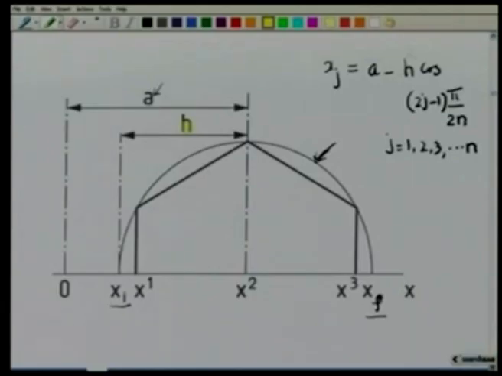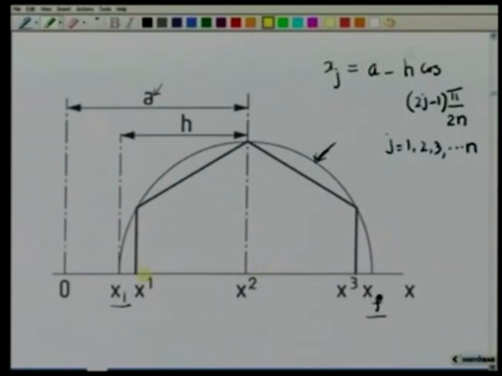So, to obtain say 3 accuracy points in this interval, which are given as the Chebyshev's accuracy points, so that the motion characteristics will be exactly satisfied at these 3 points, namely x1, x2 and x3, and everywhere else there will be some errors.